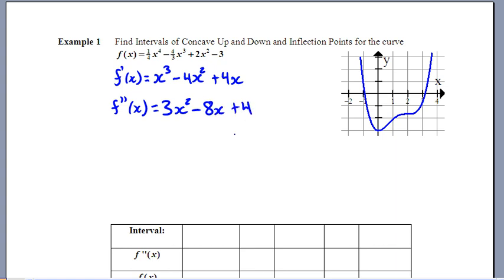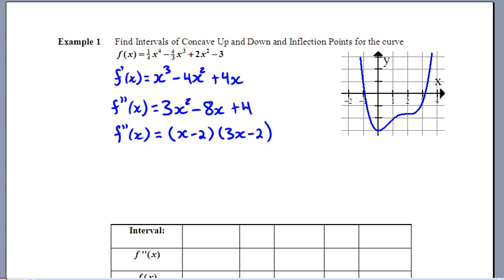Well, that actually factors. It might not be the nicest thing to factor, but I think this is going to go (x minus 2)(3x minus 2). Just double checking. Yeah, that's how that's going to go.